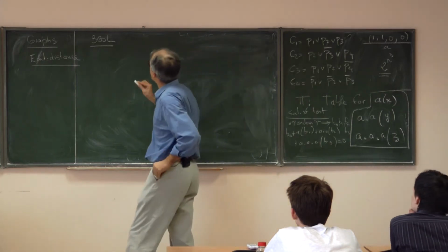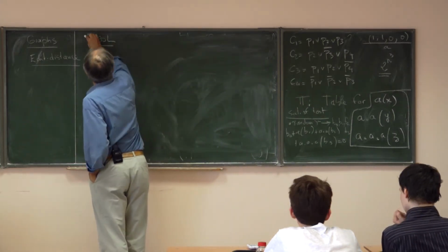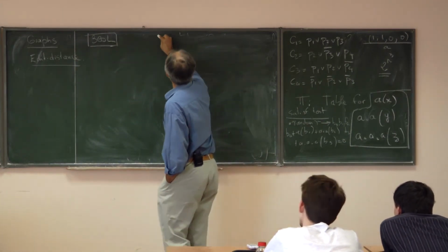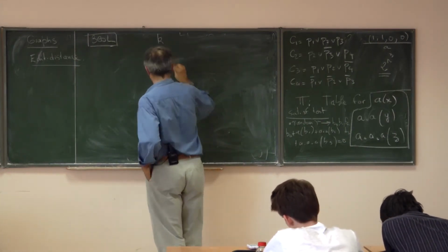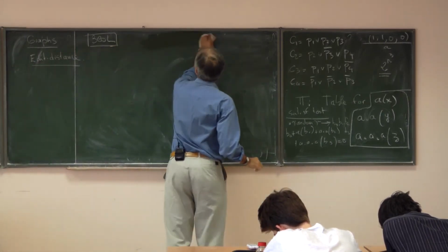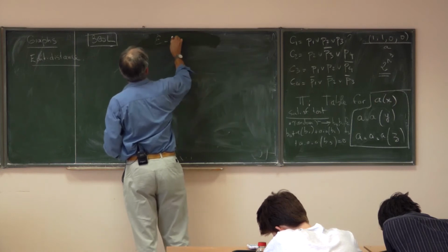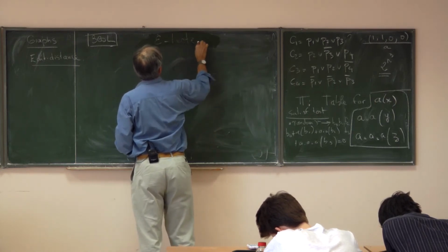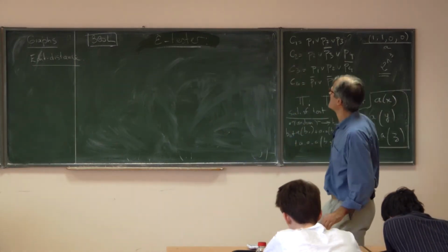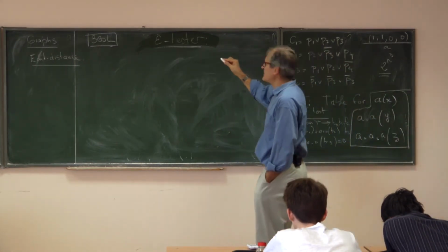Now, what is going to be the condition? The key definition is what we call an epsilon tester. So there is now an epsilon, remember? What is an epsilon tester?